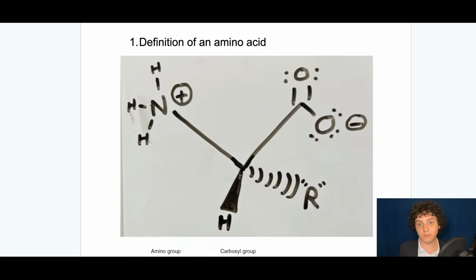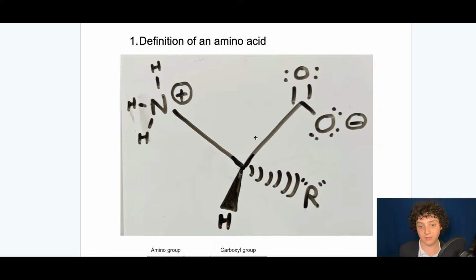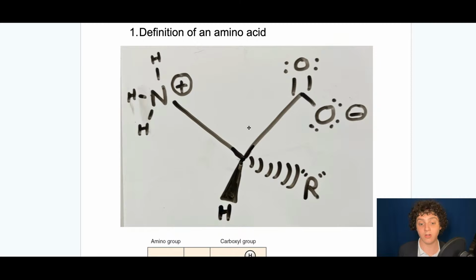But when it comes to biochemistry for the purposes of the MCAT exam, amino acid refers to what we call alpha amino acids, which is where both the amino group and the carboxyl group are bound to the same carbon. So again, this angle is implying the carbon atom, and both this carboxyl group and this amino group are bound to that atom.